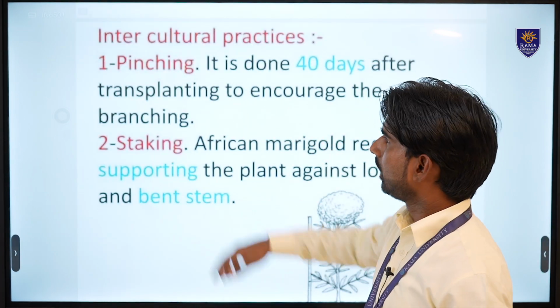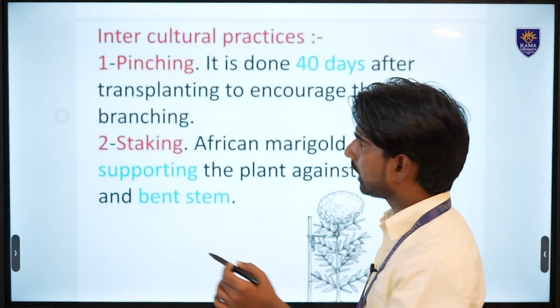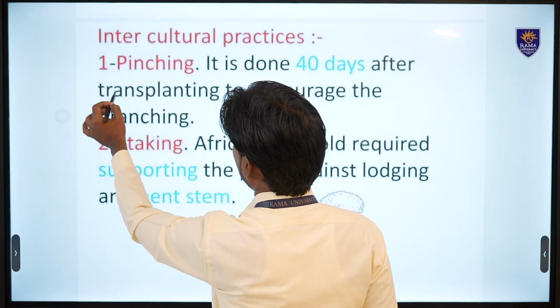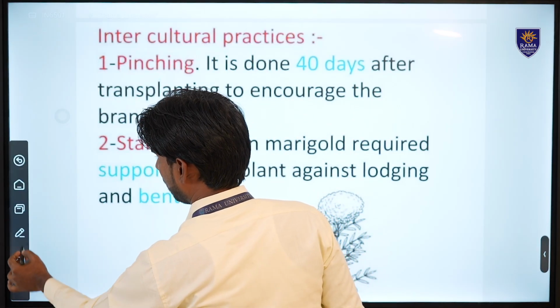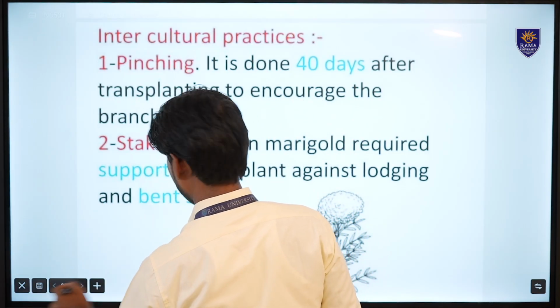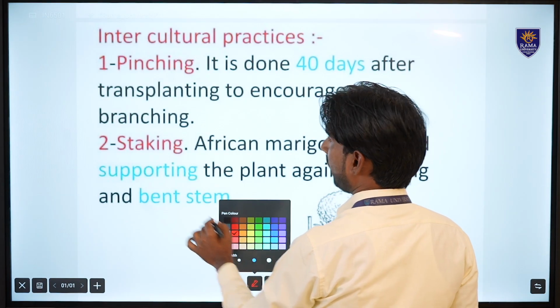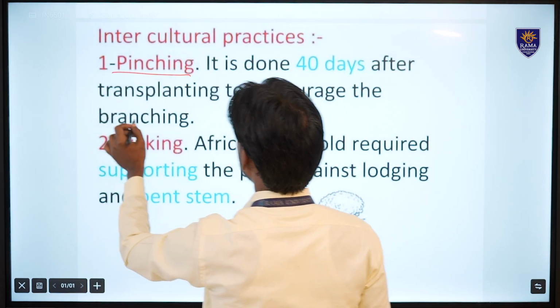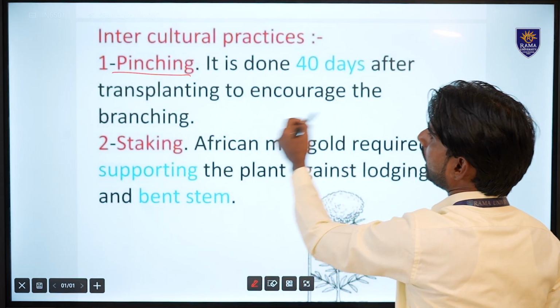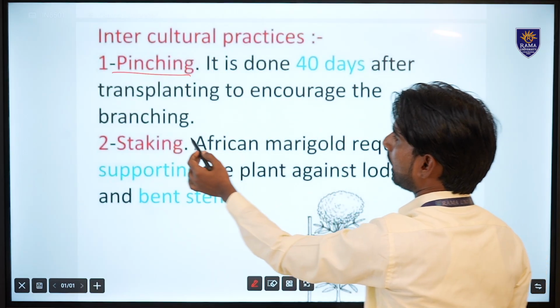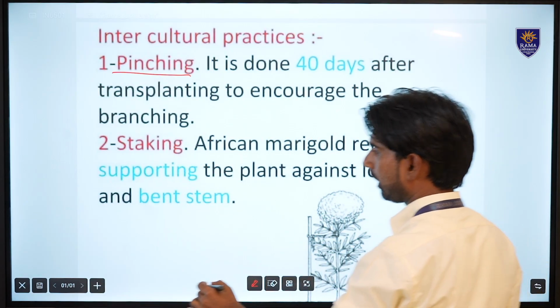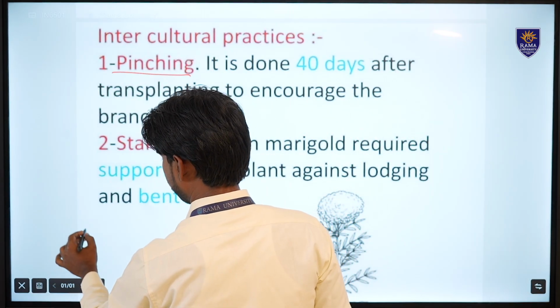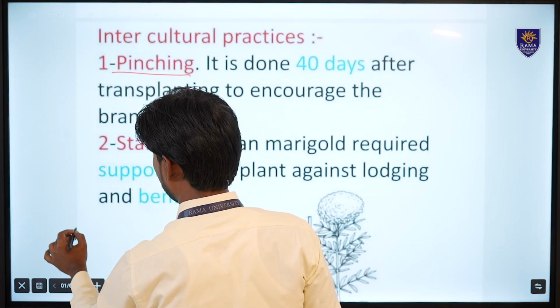Interculture operation. Here we are seeing the two main important cultural practices in the marigold crop. First is pinching. Pinching is done 40 days after transplanting to encourage branching. Here we draw out the figure.